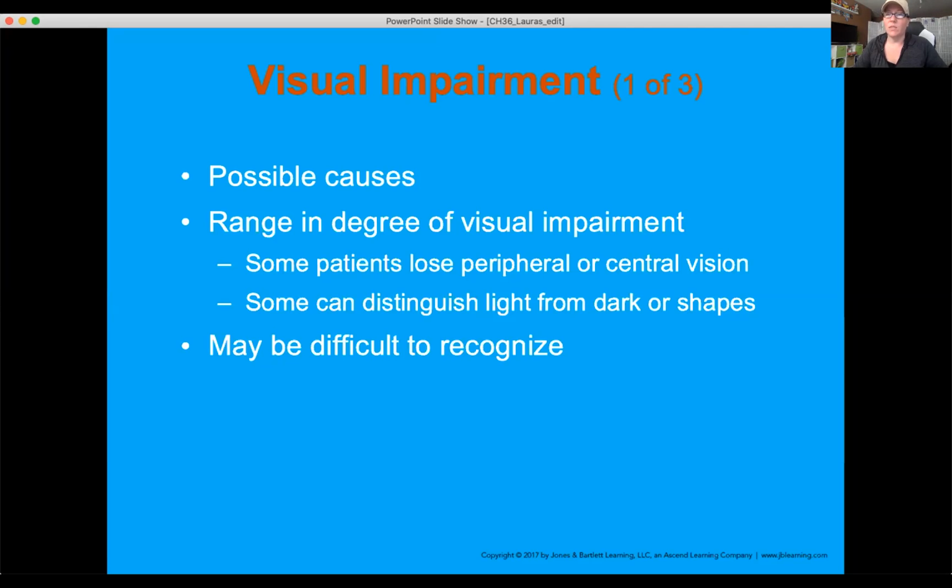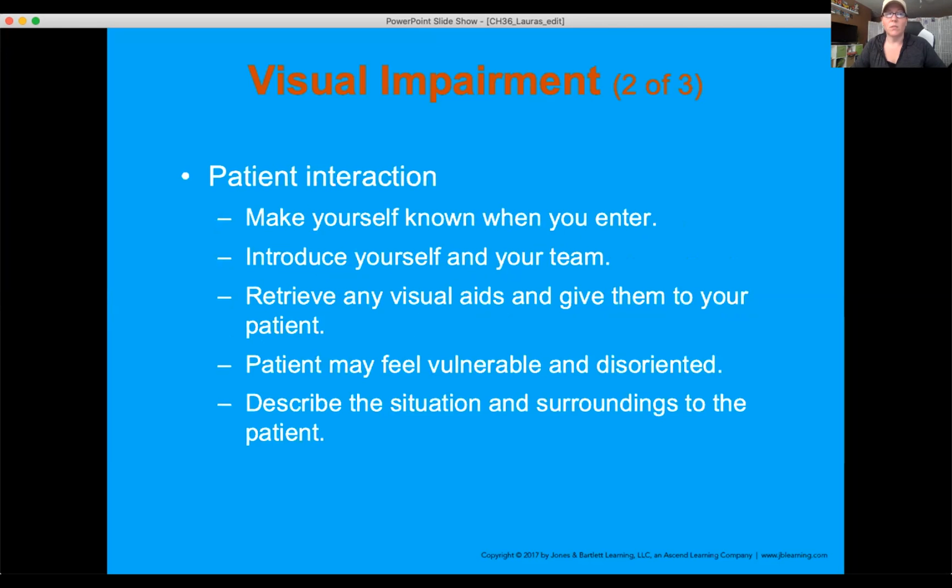So it's important to establish what their normal level of vision is, and then go from there. Some people can see outlines of shapes. As we get older, the rods and cones in our eyes that help us to determine shapes and colors change with age. So it's not abnormal for people to need reading glasses when they get older, all right? So establish what their normal level of visual impairment is.